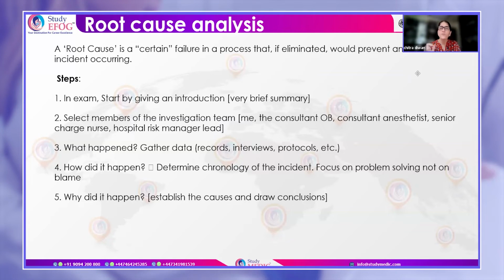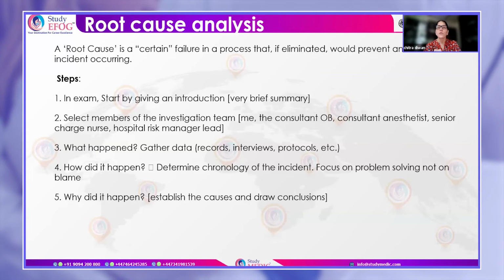Like I told you, if the nurse had properly noticed that this patient is allergic to a particular drug, if it was properly documented in the patient's notes, or if the patient was given a band saying that this patient is allergic to this particular drug, then the nurse would have been more vigilant and she wouldn't have administered the drug to this patient. So the root cause is that it was not documented. Now, why it was not documented, that is what you have to find out.